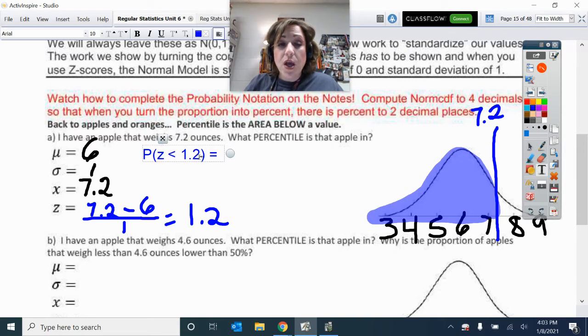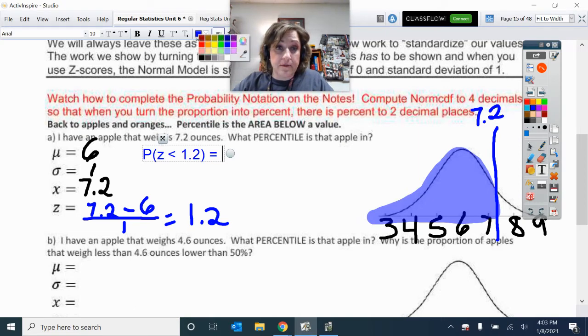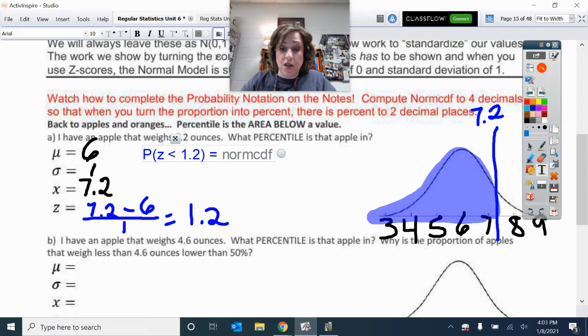Now this next part you don't have to write, but I'm going to always write it. That probability notation is required. The next part isn't, so I'm going to put it in gray, because you do not have to write this in. And that is finding that norm CDF, where we calculate the norm CDF from a lower value to the upper value.